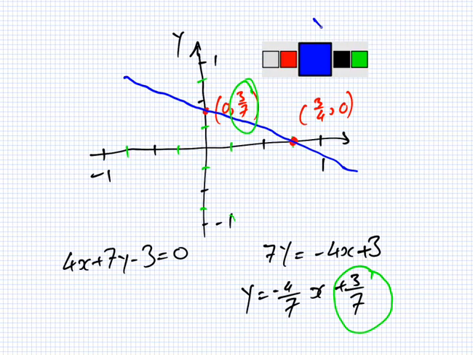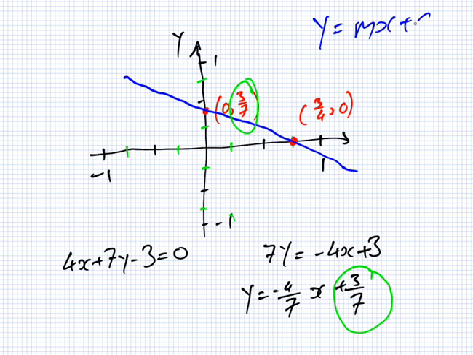Begins with an H. Horizontal. Yeah, you know this word? So if the m is 0, it means the graph is horizontal. As you said, Tony, it's like the x-axis.